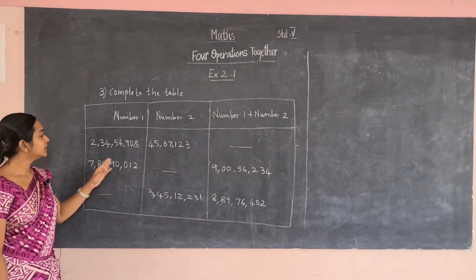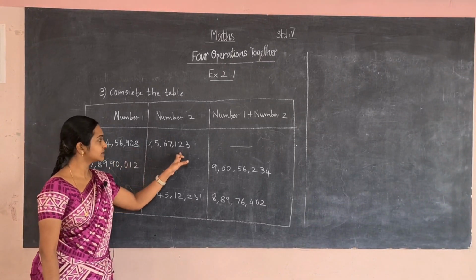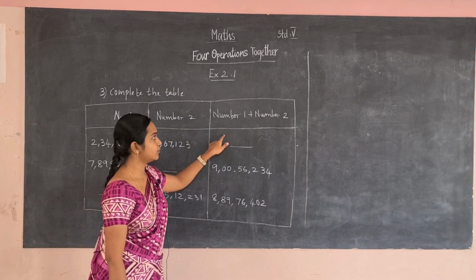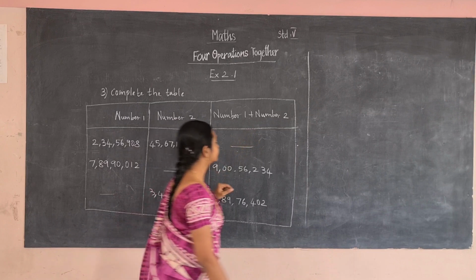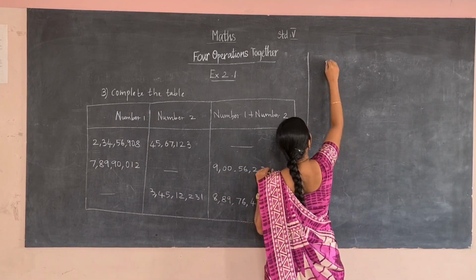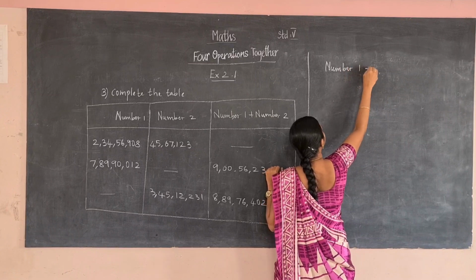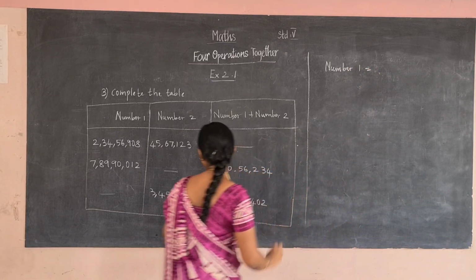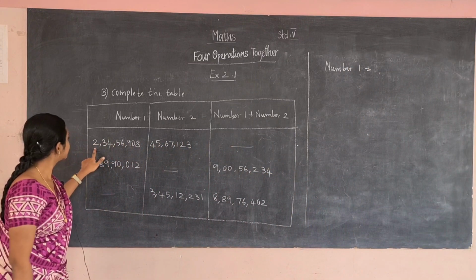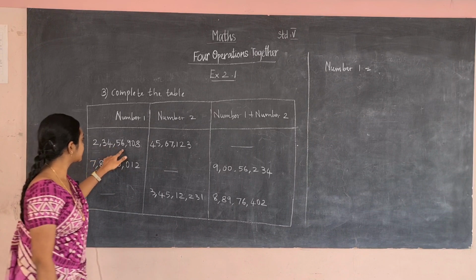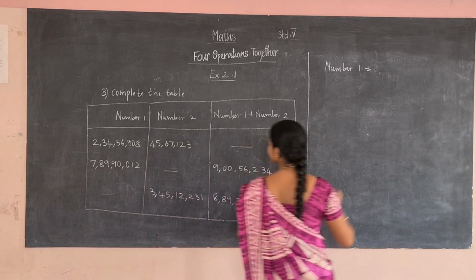Third problem. Now number 1 is given, number 2 is given. We are going to find number 1 plus number 2. Number 1 equal to 2 crore 34 lakhs 56,908.